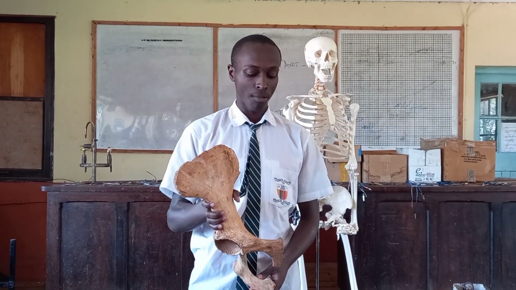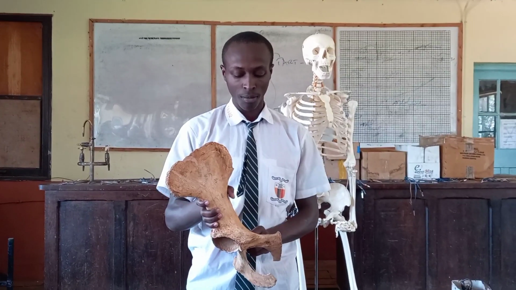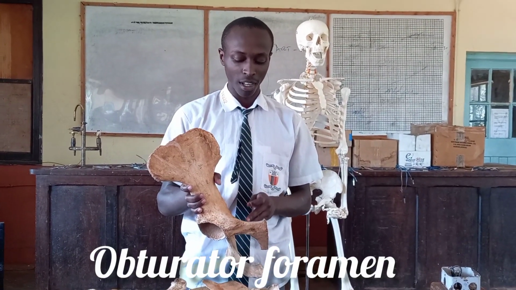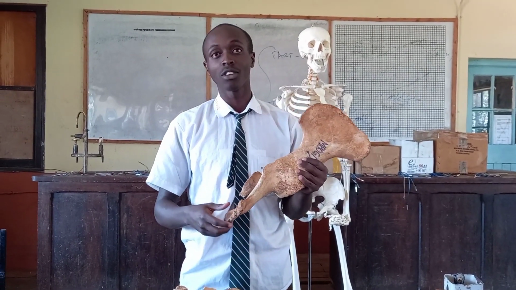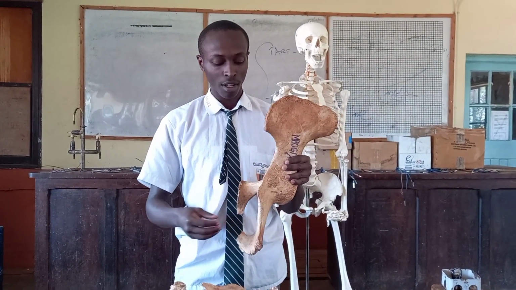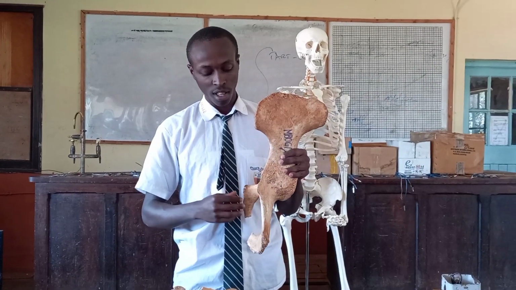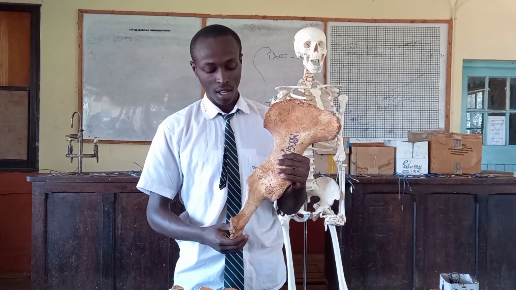Between the pubis and the ischium, we have the obturator foramen, an aperture where blood vessels, muscles and also nerves pass.